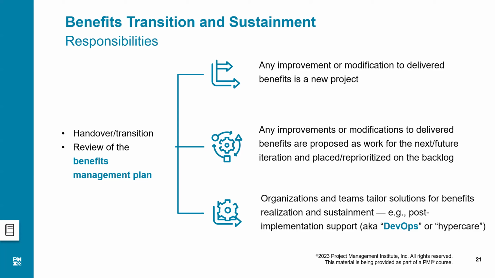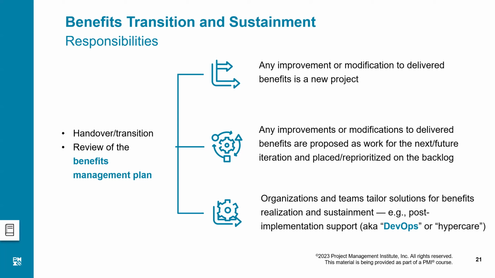So this could be the responsibility of the program manager or the project sponsor or the business analyst or the organization or customer who have taken over that project. They will be responsible for ultimate benefit transition and sustainment.